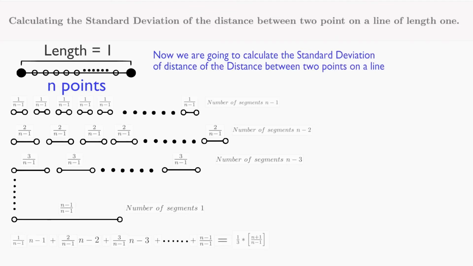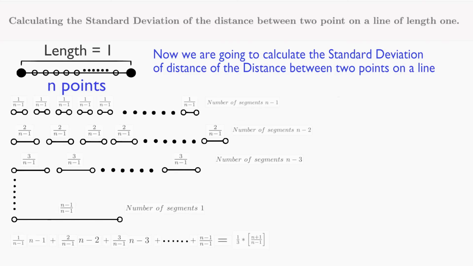Now we're going to use that result to help us calculate the standard deviation of the distance between points on the unit interval. Here are our formulas. Variance equals the sum of the difference between our length and our average length squared divided by the total number of points.